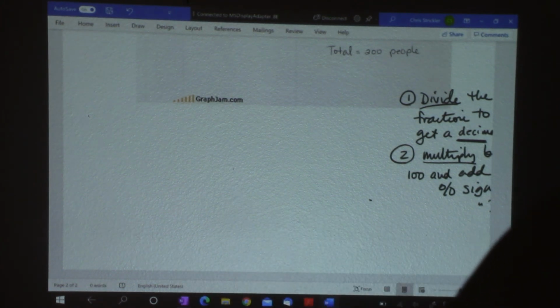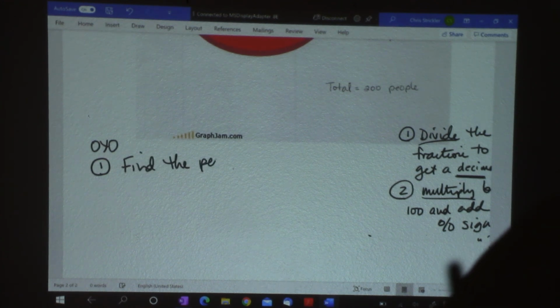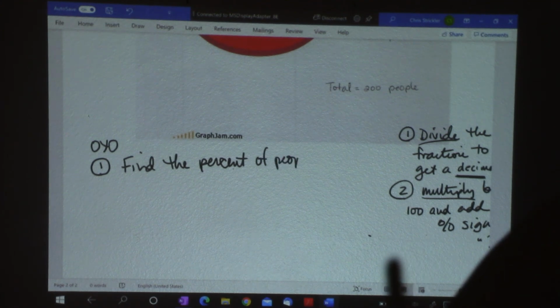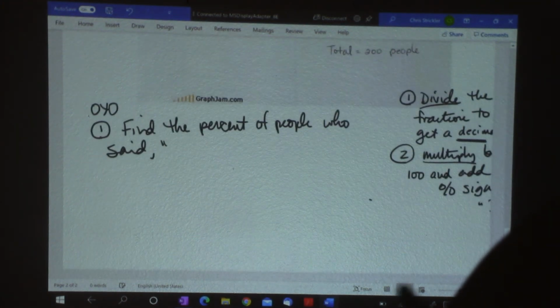All right, so here's your OYOs. Number 1, can you guess what they are? Find the percent of people who said, repeatedly shouted, "What?"